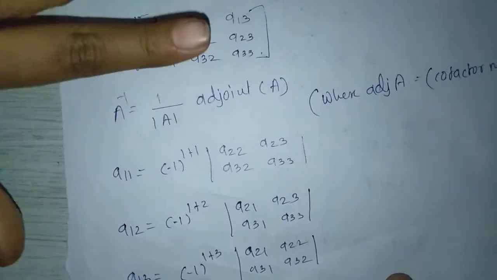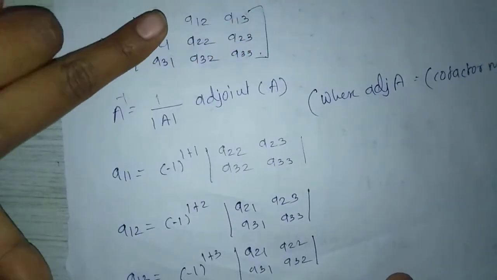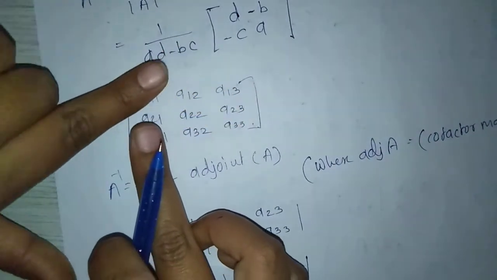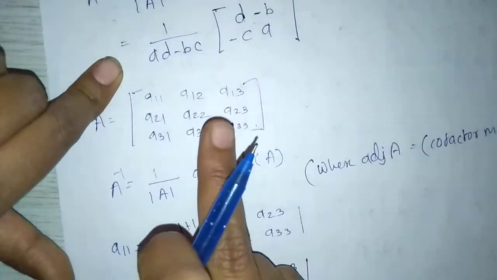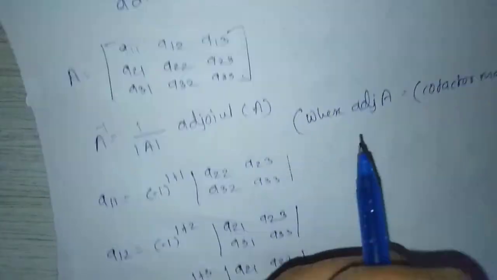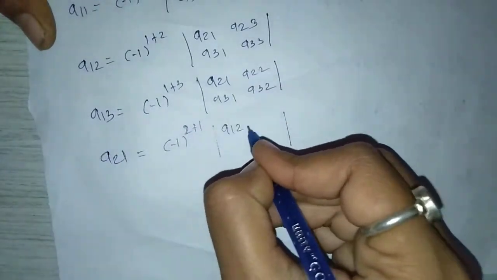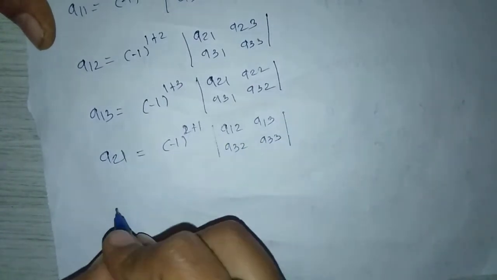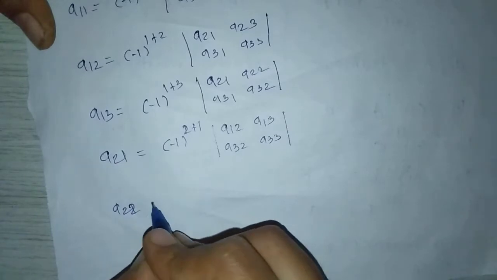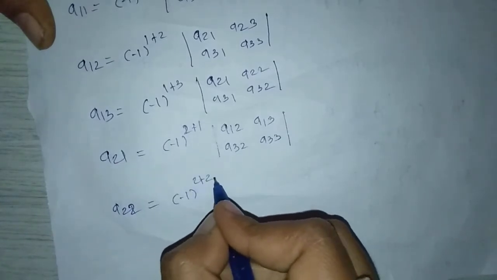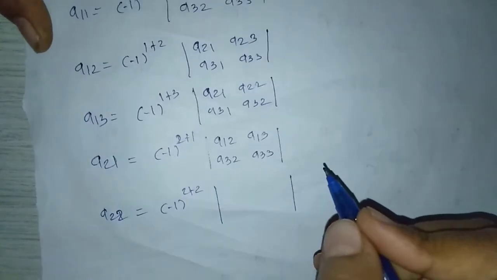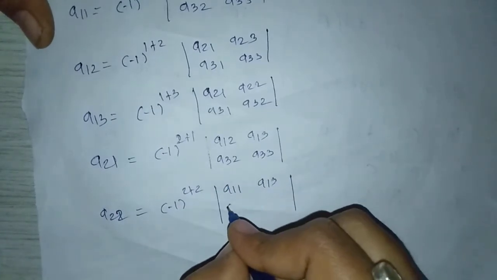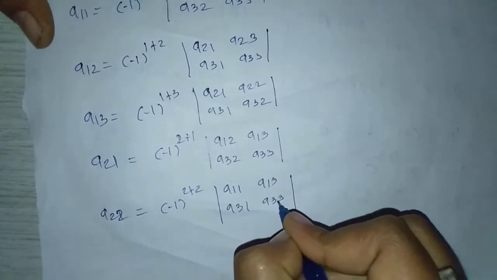A21 lies in the second row and first column. Eliminate this, we get A12, A13, A32, A33. Similarly, the cofactor of A22 equals (-1) raised to 2 plus 2 into the determinant of the remaining entries A11, A13, A31, A33.